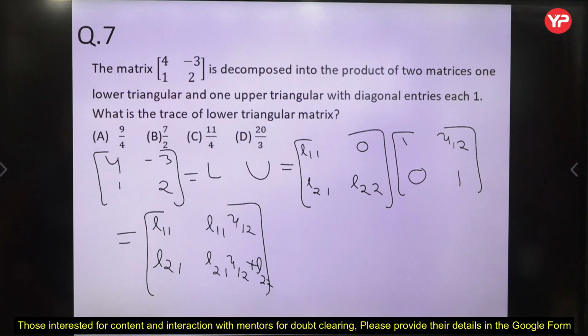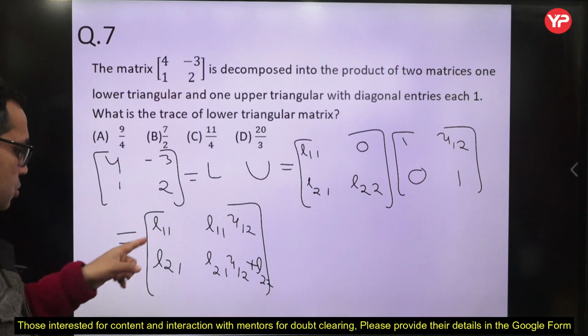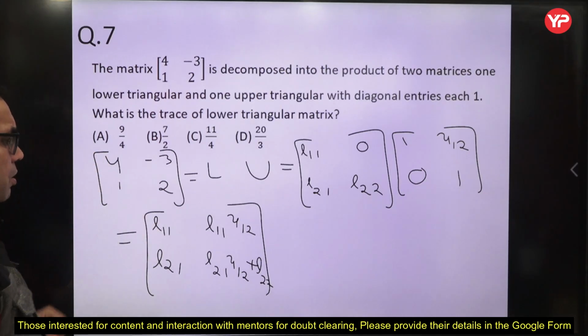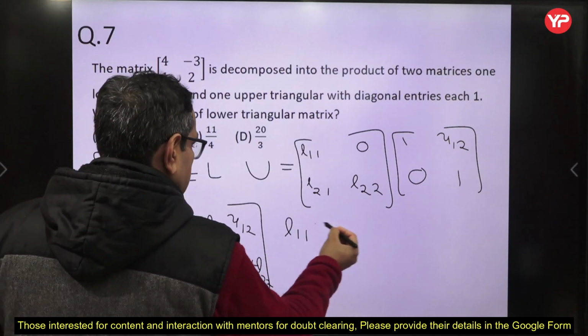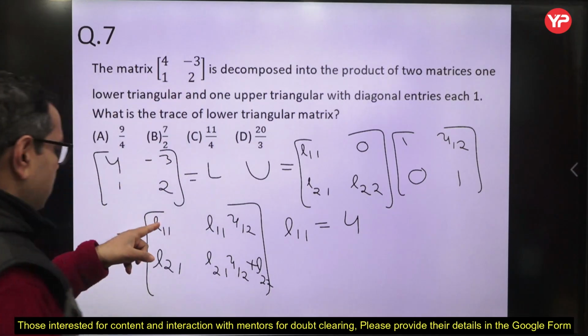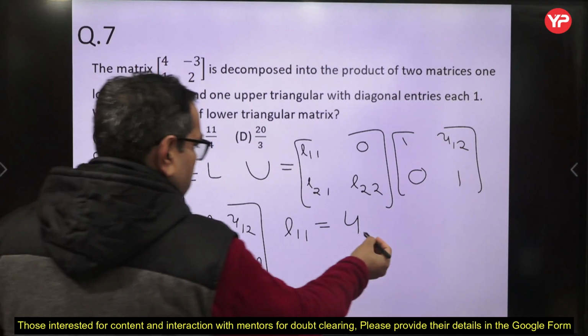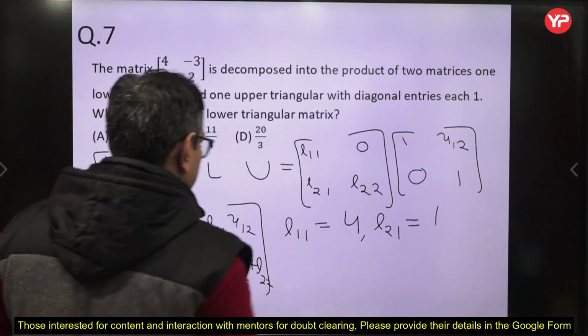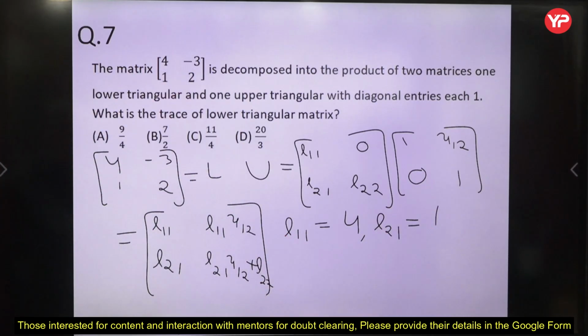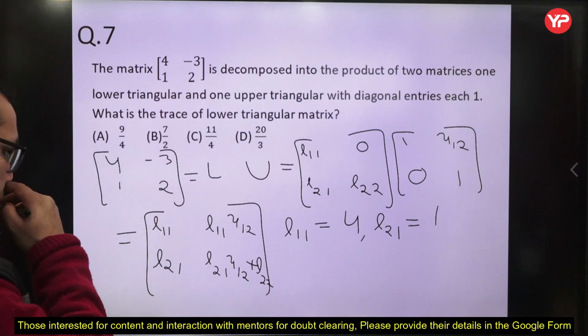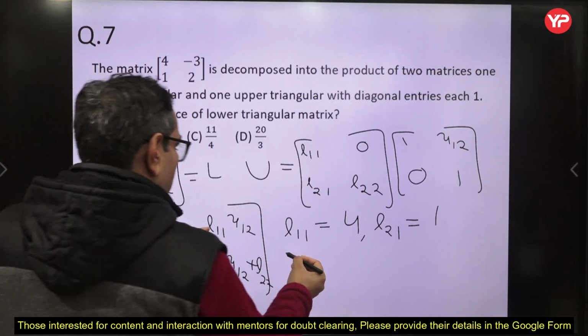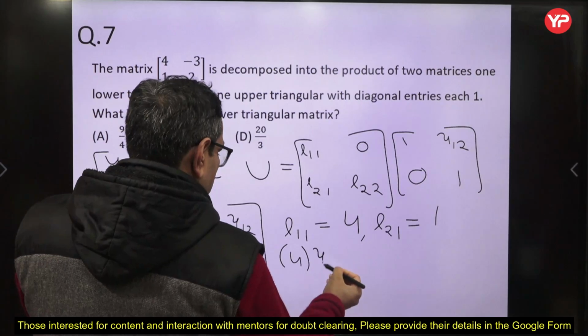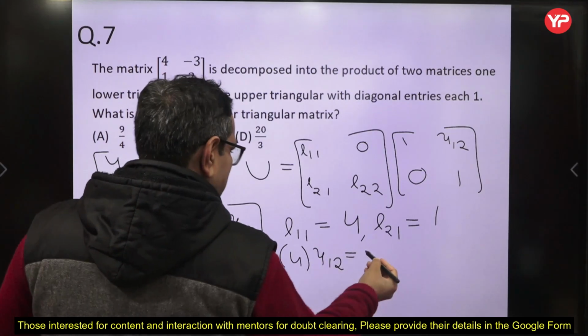So now we can compare the two matrices using the concept of equality of matrices. So clearly we can see this is equal to 4, so L11 is equal to 4. L21 is equal to 1. And now this L11, that is 4 into U12, is equal to minus 3.